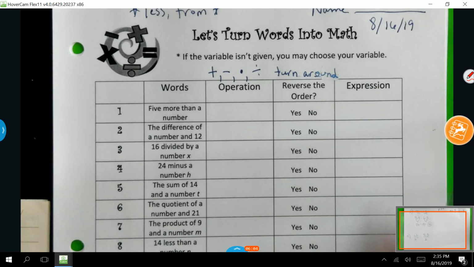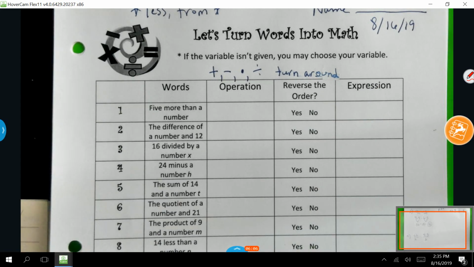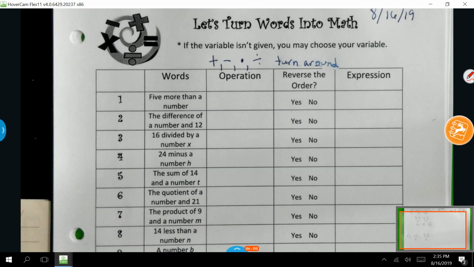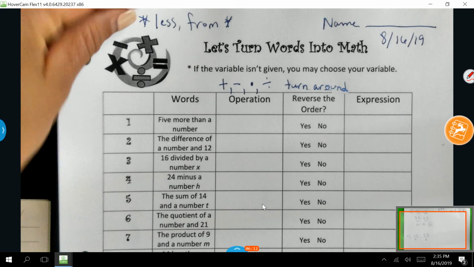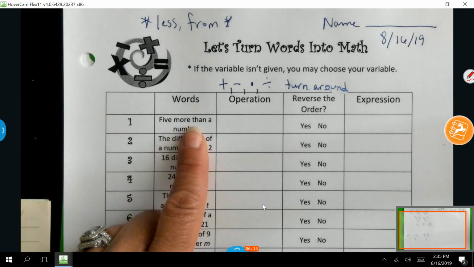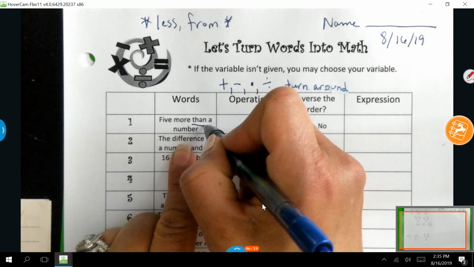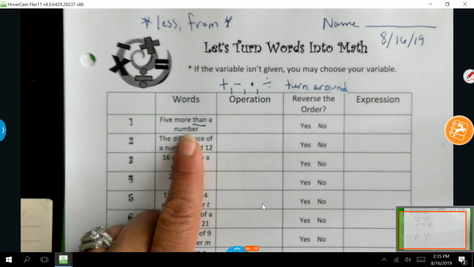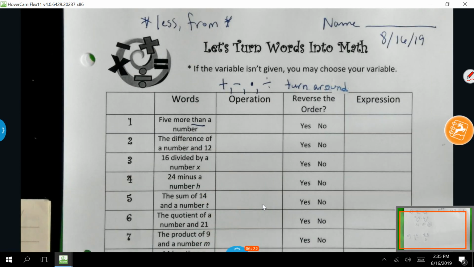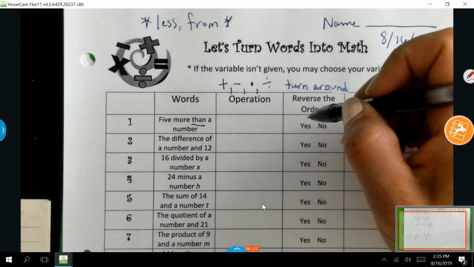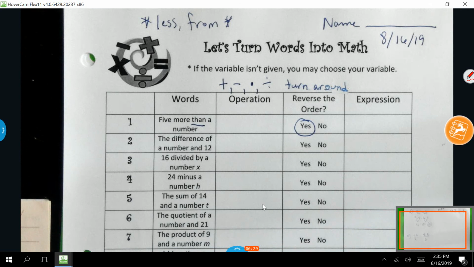And then in the expression column is where you write down the algebraic expression. So the first one, we're going to do some of these together. 5 more than a number. Well, do you see the word than here? Yes. Even though it is addition, in order doesn't matter according to the commutative property, if we're going to be technical today, we will reverse the order.